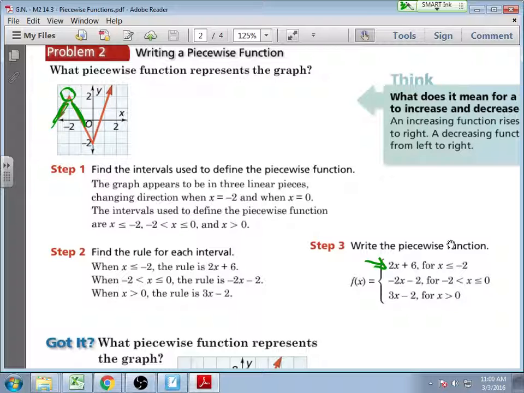That would be this green line, 2x plus 6, because if I kept going, my intercept would be at 6. It includes the point, so that would have the point. But then my next equation, and notice it has to have a start and stop point.